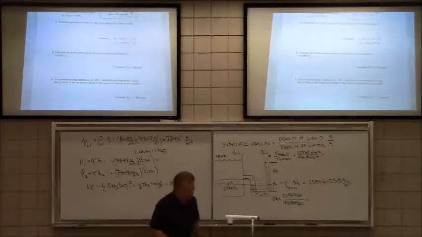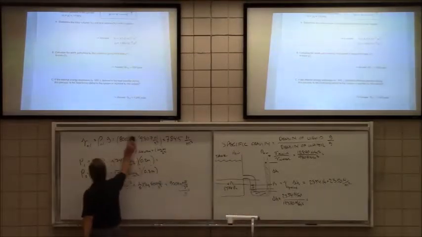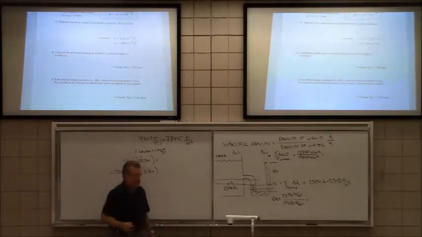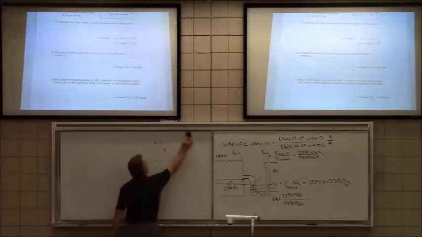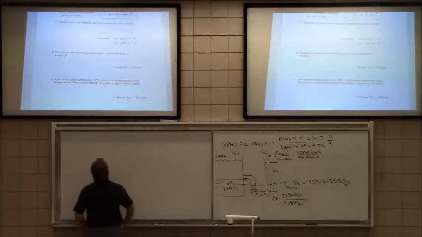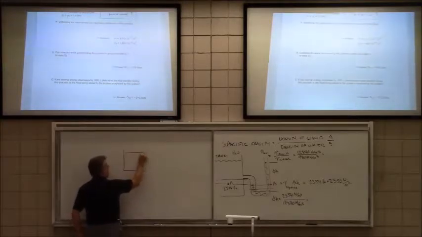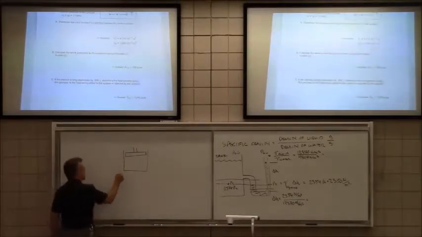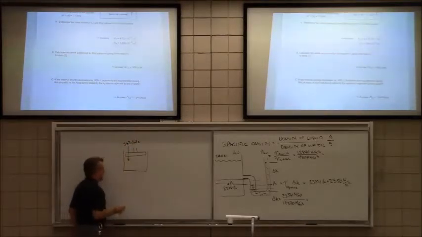So let's draw a picture of what this looks like. This is problem 10C. Here's our apparatus. Now, in this case, this is a compression process. So I've got 356 joules of work in.